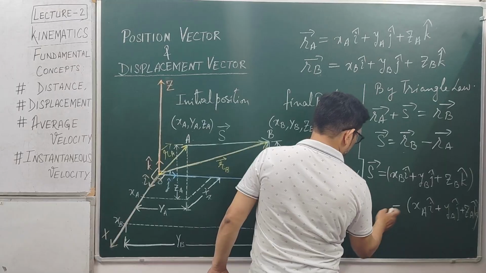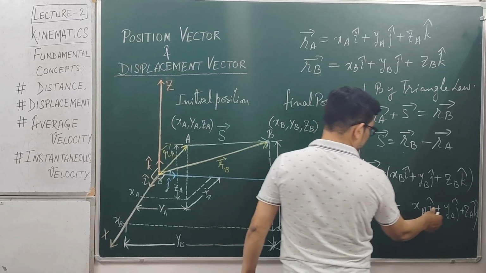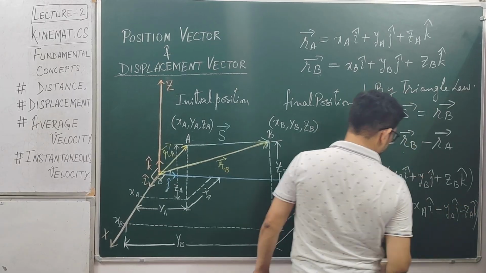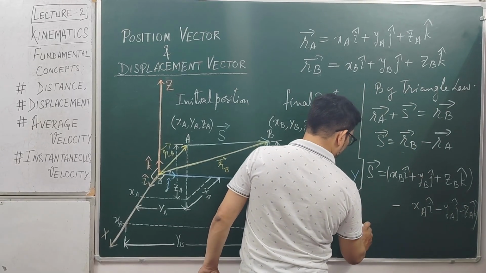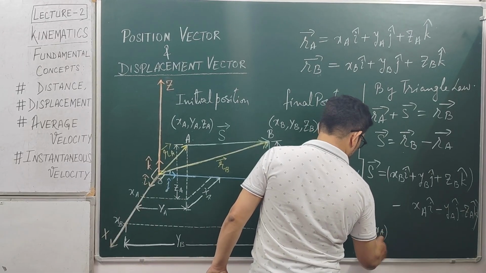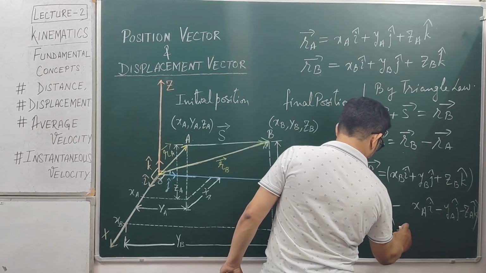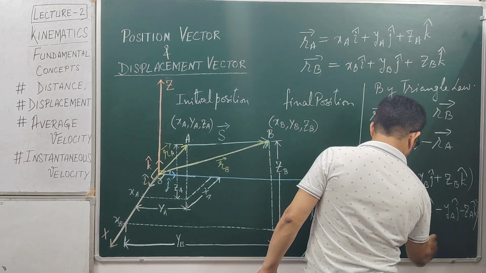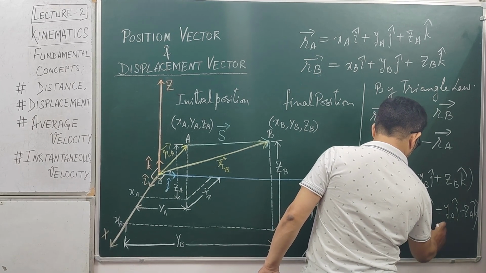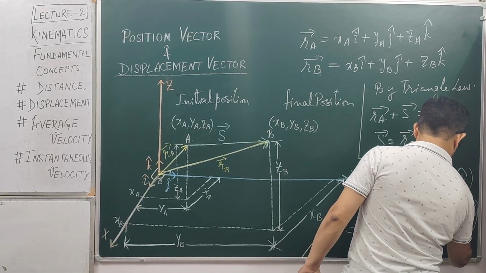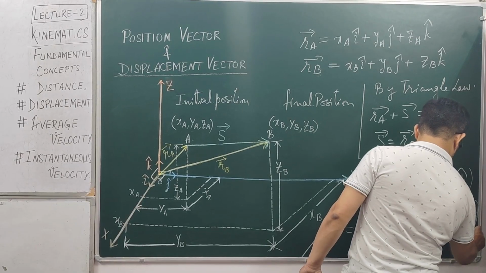S as, if you open the bracket, it's going to be minus here. This also will be minus, this also will be minus here. You take i cap common, so it's going to be XB minus XA i cap plus YB minus YA j cap plus ZB minus ZA k cap.